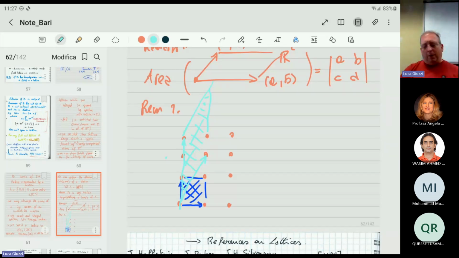What is the difference? Well, what is easier to use? Whatever you need to compute. If you need to compute properties in the lattice, the easiest thing to use is this basis here, the one given by the two orthogonal vectors.